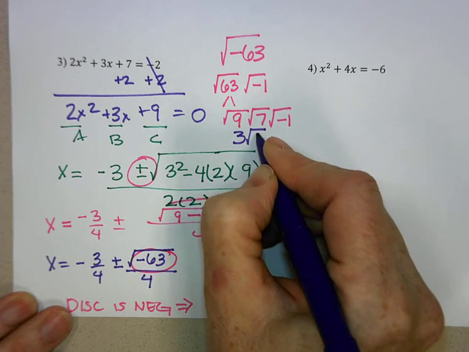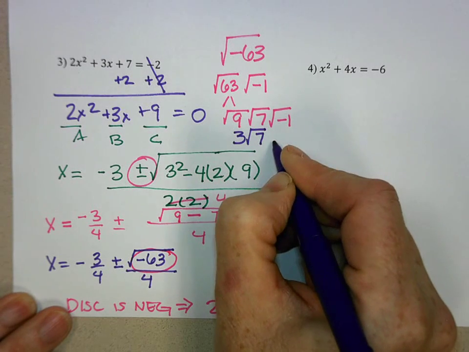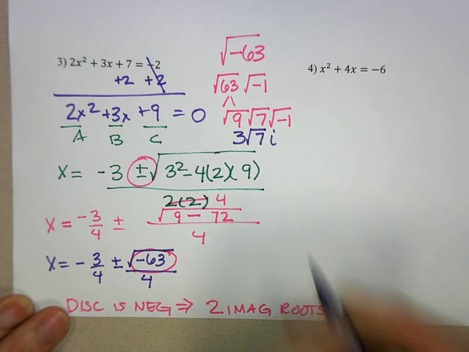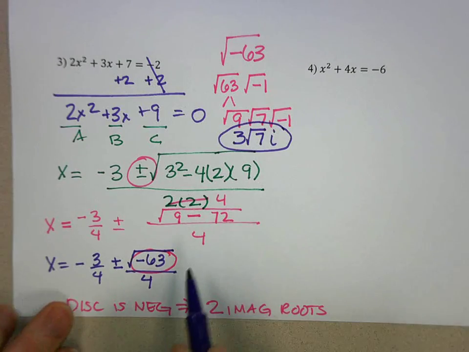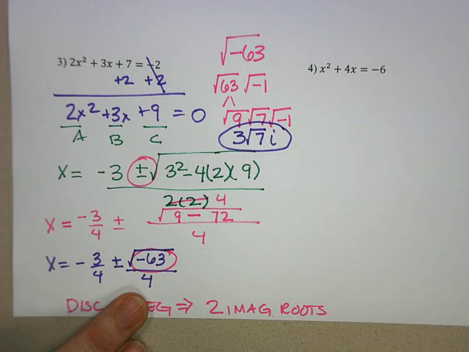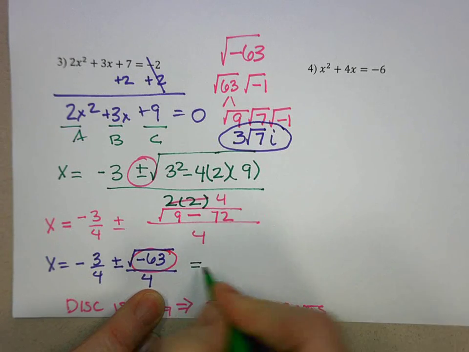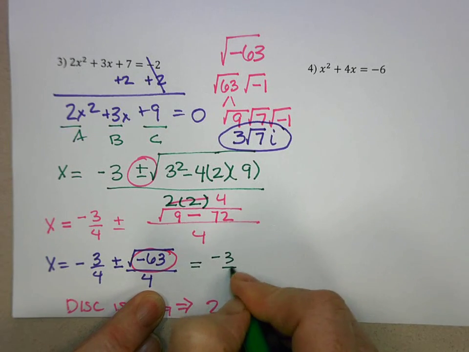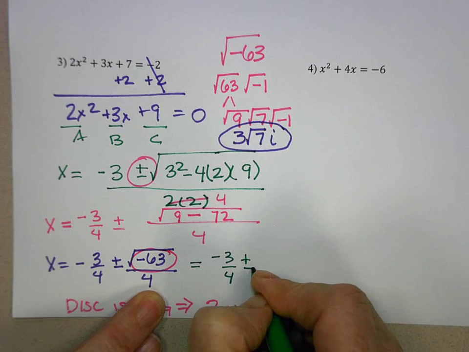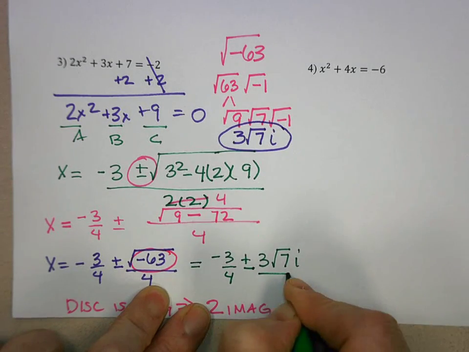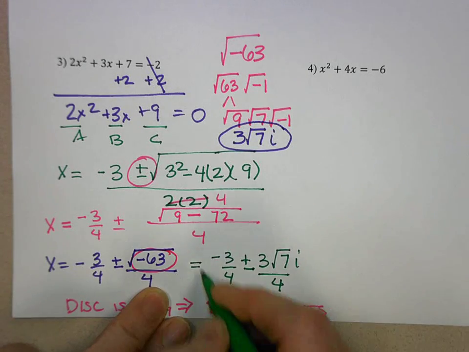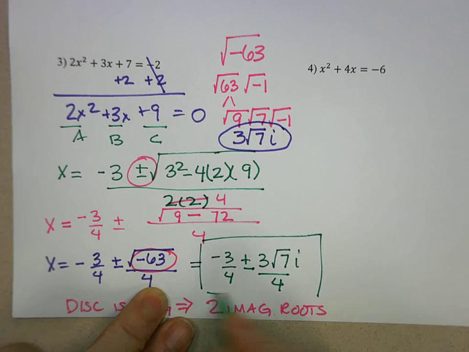I can't do anything with radical 7, and the square root of negative 1 is i. Okay, so I've got that simplified, and I'm going to pull it back into my equation. So x is going to be negative 3/4 plus or minus 3 radical 7 i divided by 4. And there are your 2 answers.